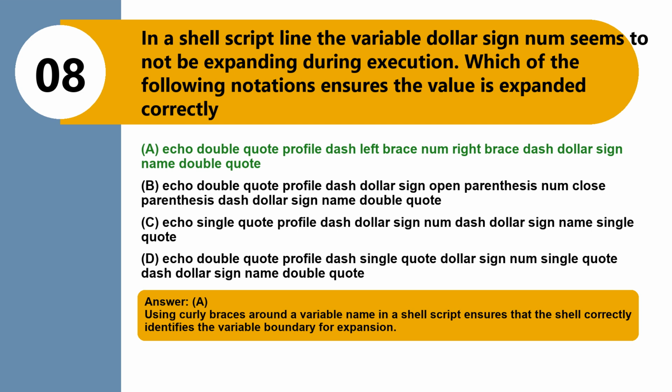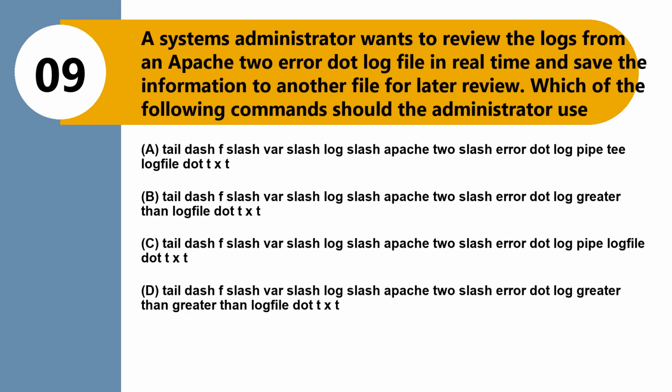Question 9. A systems administrator wants to review the logs from an apache2 error.log file in real time and save the information to another file for later review. Which of the following commands should the administrator use? Option A, tail -f /var/log/apache2/error.log pipe tee logfile.txt. Option B, tail -f /var/log/apache2/error.log greater than logfile.txt.